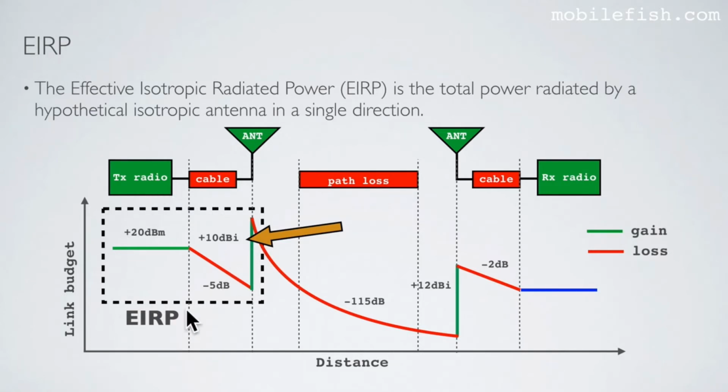We only focus on these three values. We don't use these values if we calculate the EIRP. If we calculate the EIRP, the antenna gain must be expressed in the unit dBi. In this example, the EIRP is 20 minus 5 is 15, plus 10 is 25 dBm.